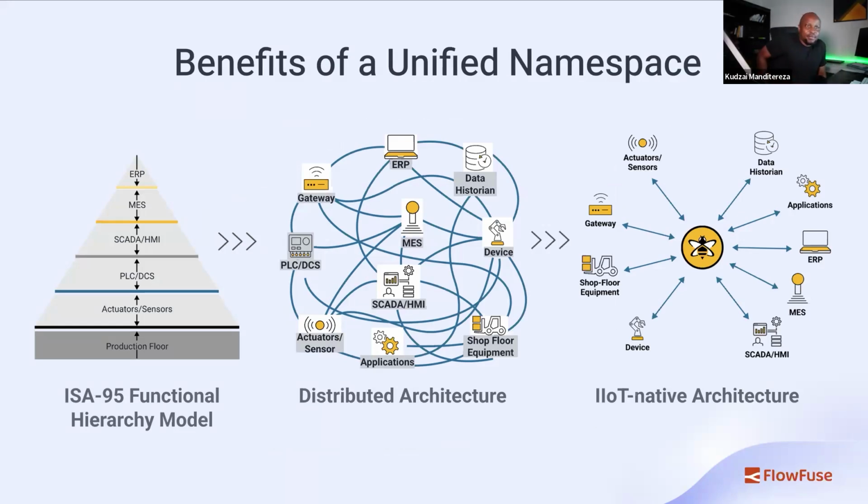So basically, you can only integrate data in a tiered approach. When you need to integrate data from a PLC, you've got a system integrator specializing in that one. For your SCADA, you've got a system integrator, MES, and so on and so forth.